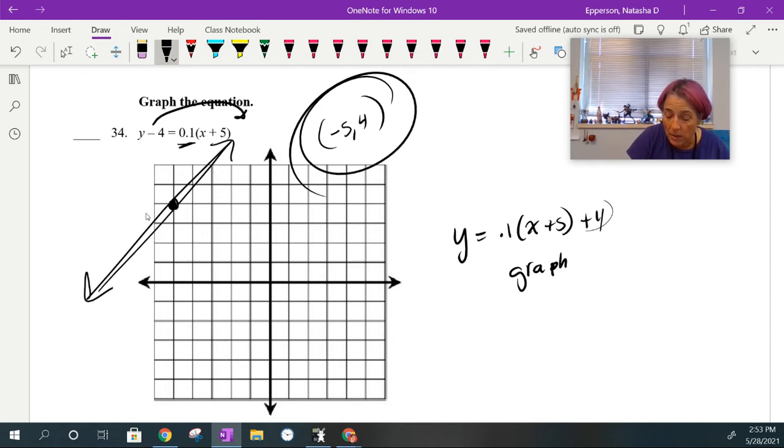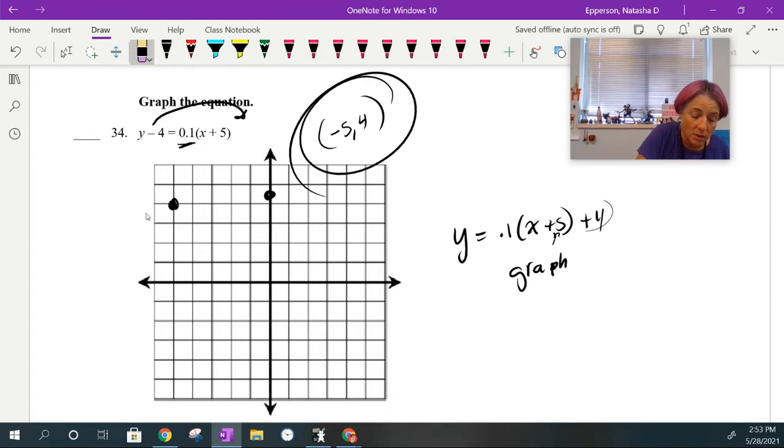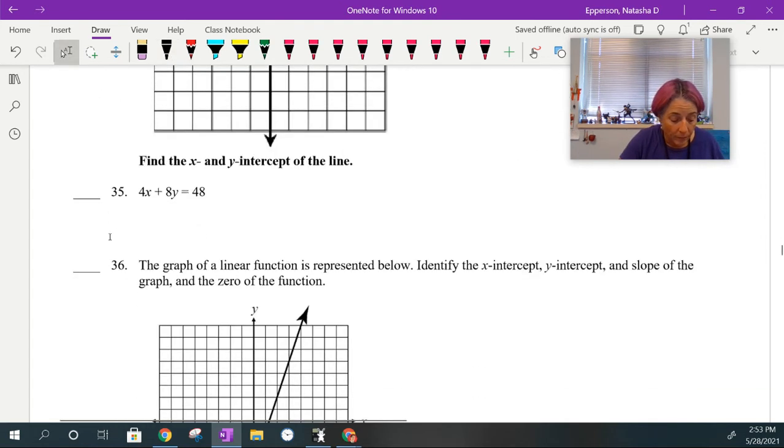Don't get confused, because you have this 5 inside the parentheses, and you need to distribute that 0.1 times the 5 first, which gives you 0.5. Then you could add the 4, and that would give you a y-intercept of 4.5. So the y-intercept would be somewhere in there, actually. So your slope looks like this.